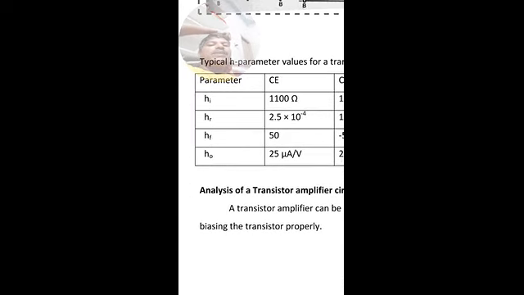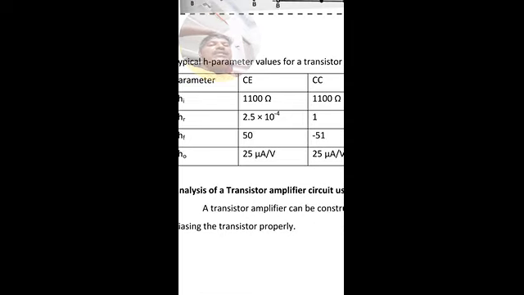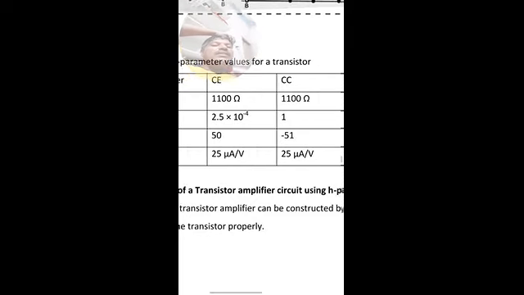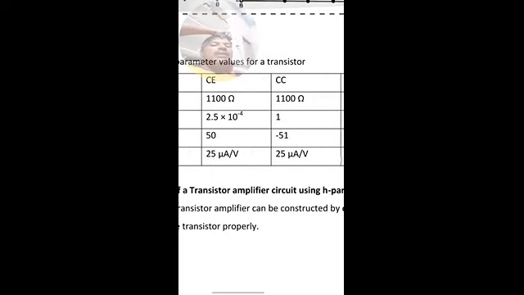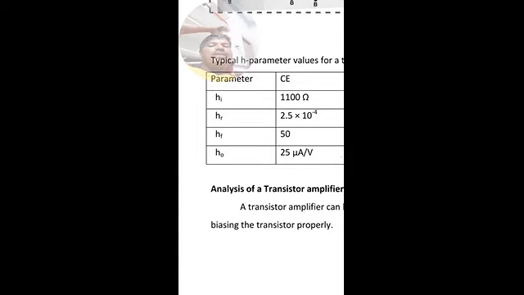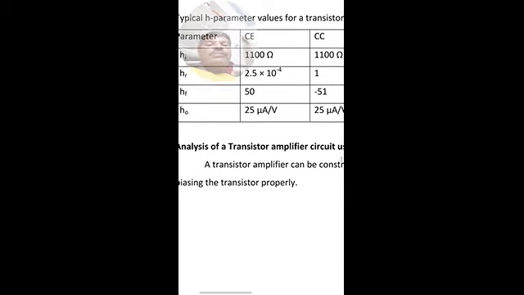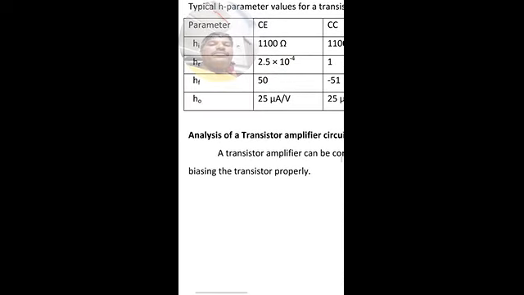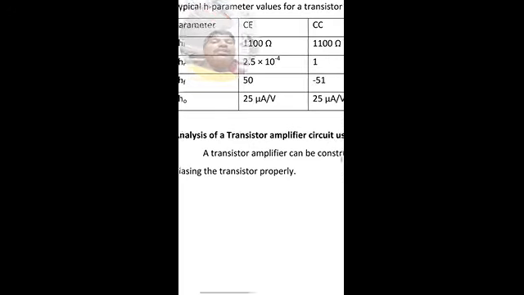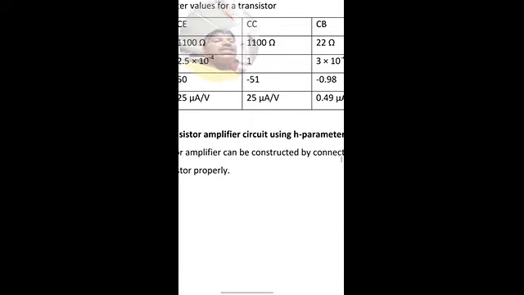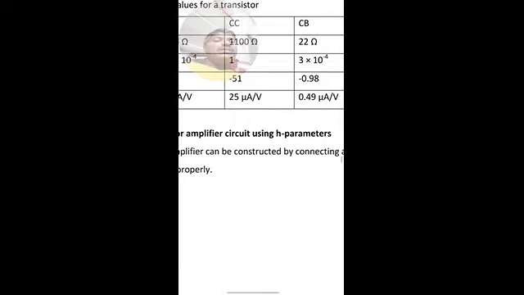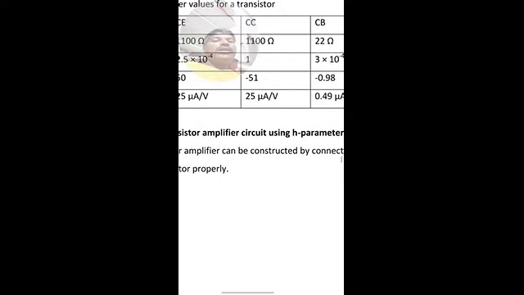Reverse voltage gain HR is HRE in CE, HRC in CC, and HRB in CB configuration. The input impedance HI for CE configuration is around 1100 ohms, the same as CC configuration, but for CB configuration it is only 22 ohms.